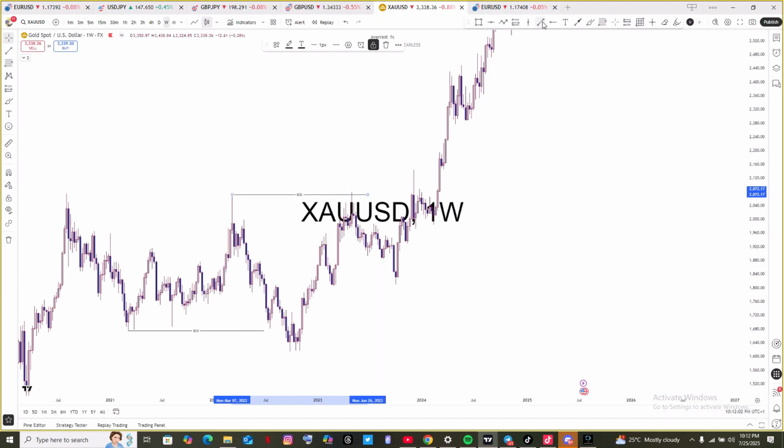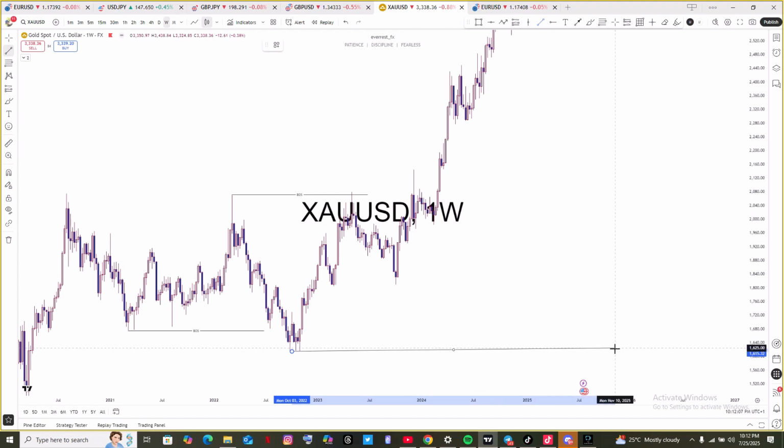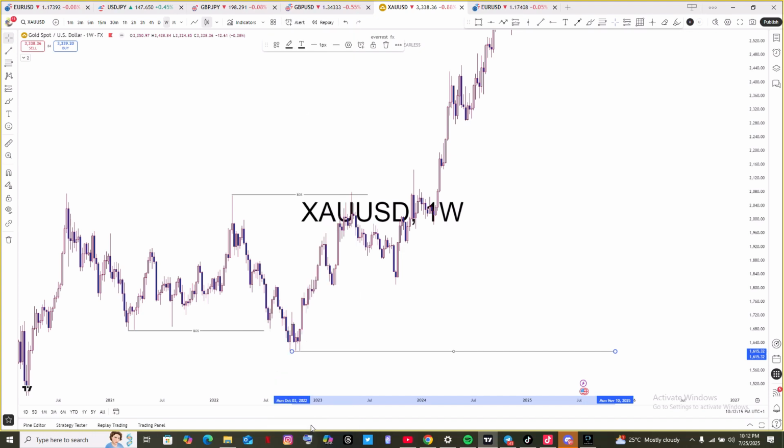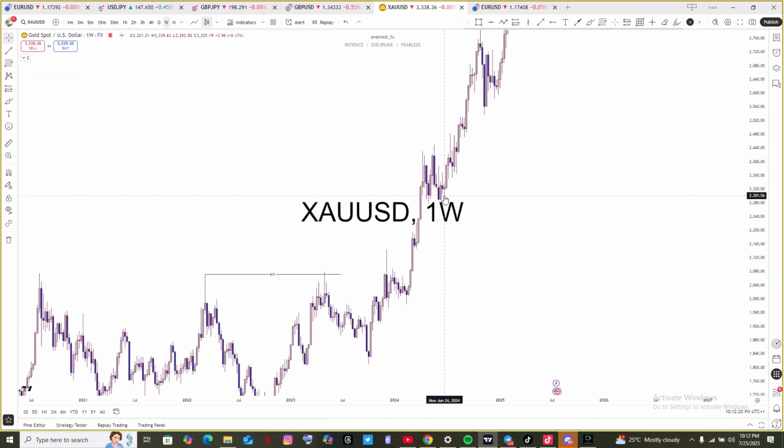And this is another break. Making this place a weekly strong swing because it swept liquidity and broke structure to the upside. So it's a strong swing for me.